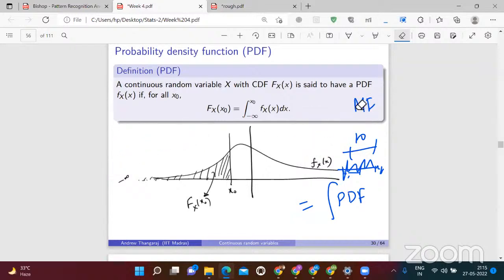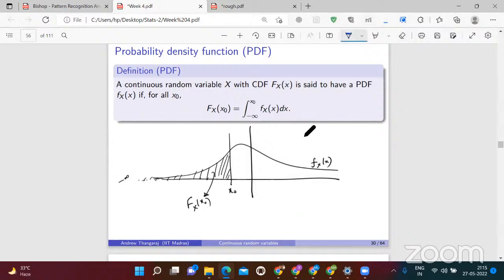Whatever you are presenting, you are just calculating data. If you are calculating data, you are getting a histogram, right? This is a sort of PDF only. For example, if you calculate the weight of the people of whole India, you'll get a bell curve.